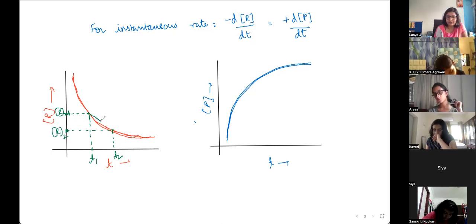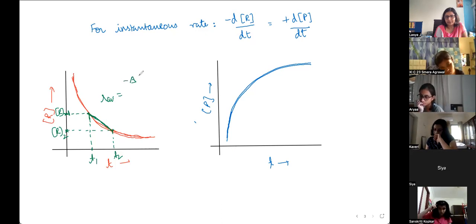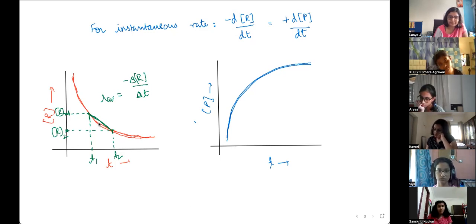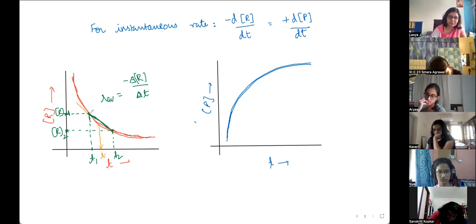So R average is going to be the slope of this line: average rate will be minus delta R upon delta T. And if you want to calculate the instantaneous rate at time t over here, it's going to be the slope of the graph. R instant will be minus dR by dt.